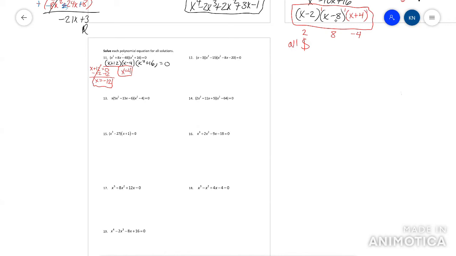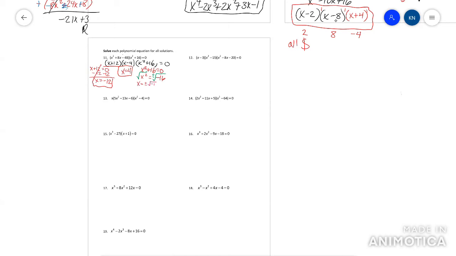Now this x squared plus 16 one, that one's going to be a little different. It's still going to get set equal to 0, and you're still going to solve it. So x squared equals -16. But then you're going to root it. And whenever you root something, you need to put plus minus. It's really important. So you get x equals plus minus root -16.